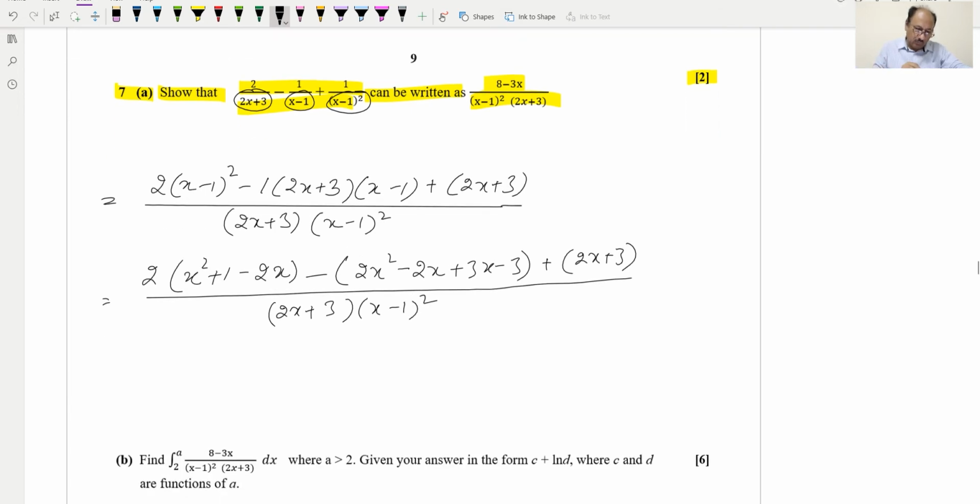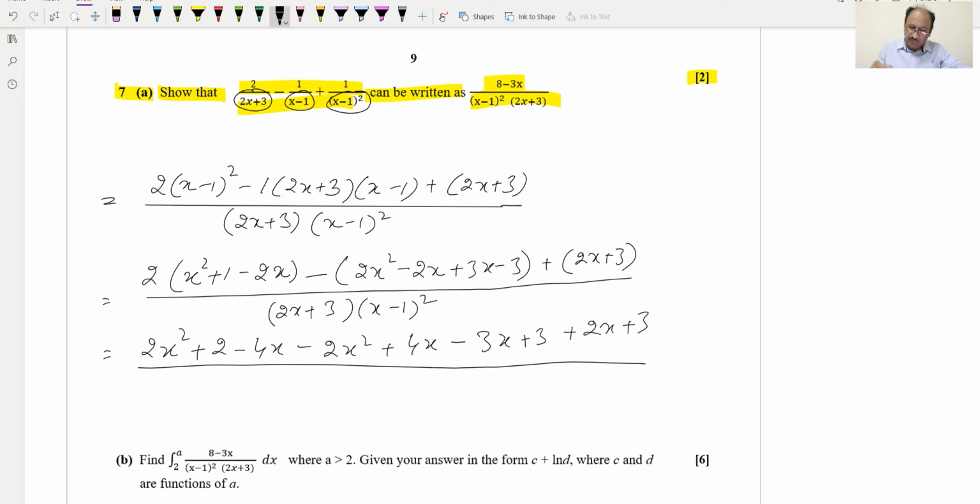Now we can open the brackets: x squared plus 1 minus 2x, and now we open the second bracket, so minus 2x squared, minus into minus plus 4x, and minus 3x plus 3, and plus 2x plus 3, divided by the denominator 2x plus 3 into x minus 1 squared.